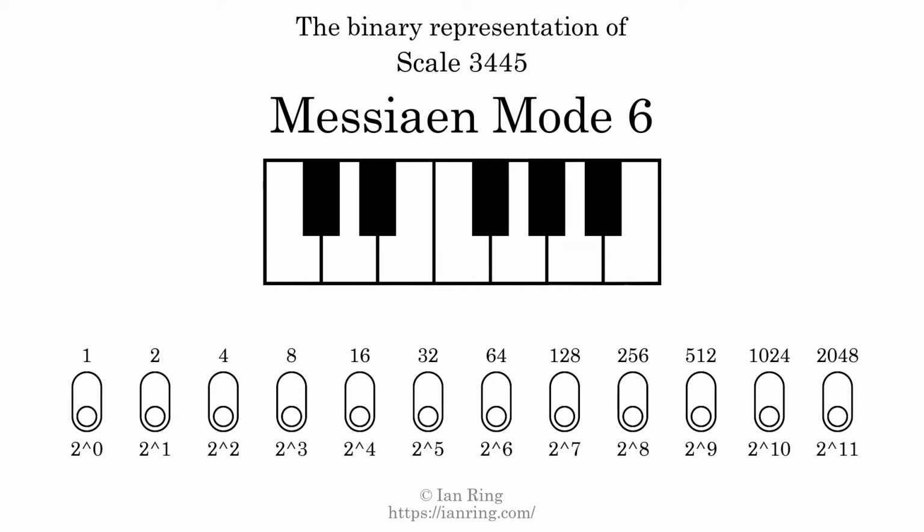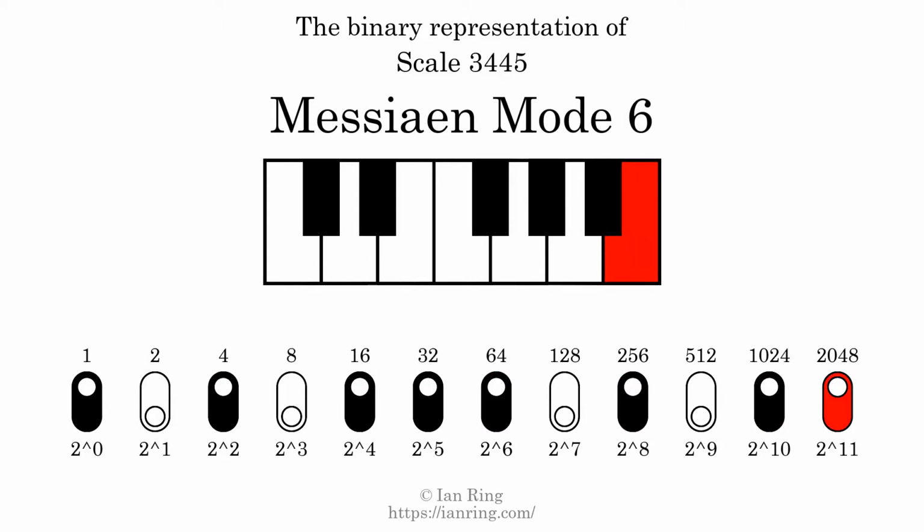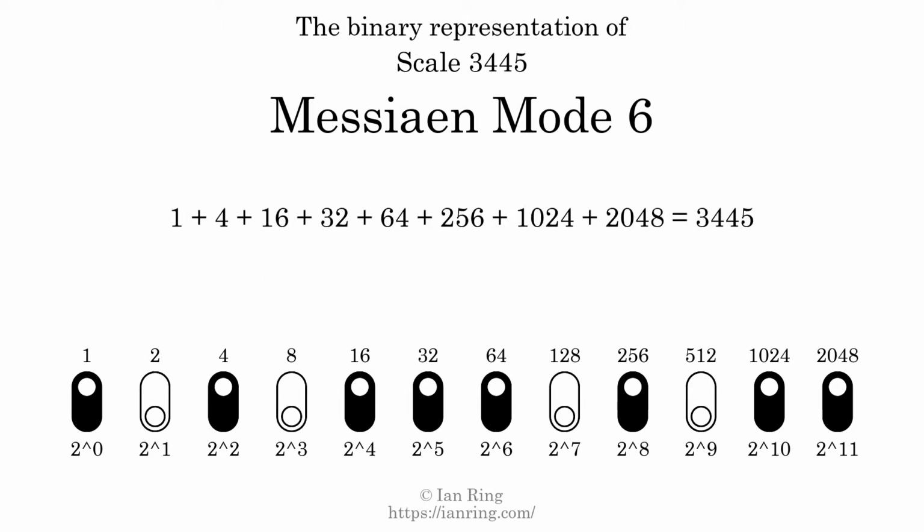The binary representation of this scale is determined by mapping tones of the scale to binary digits. Each binary digit represents a power of 2. To get the scale number, we add the powers of 2 together. The powers of 2 that are present in the scale, all added together, equals 3445.